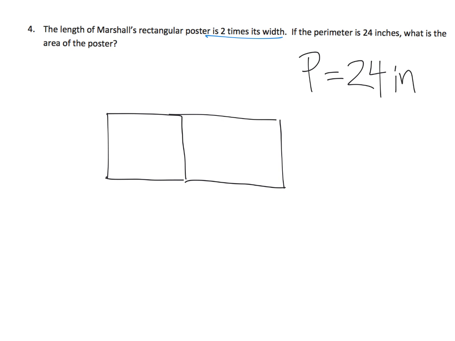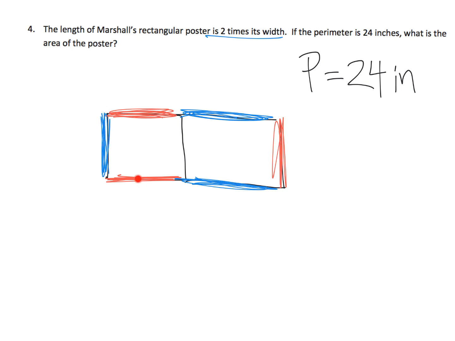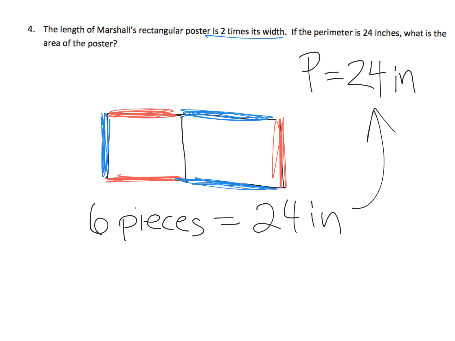Now, this length right here is equal to this length, which is equal to this length, which is equal to this length, which is equal to this length, which is equal to this length. So we have 1, 2, 3, 4, 5, 6 little lengths. So I'm going to call them 6 pieces is equal to 24 inches long, because it says so right up here.